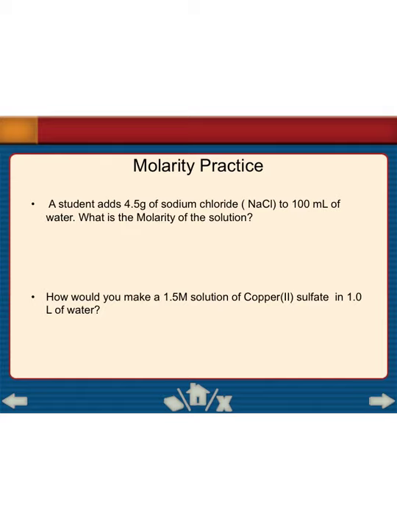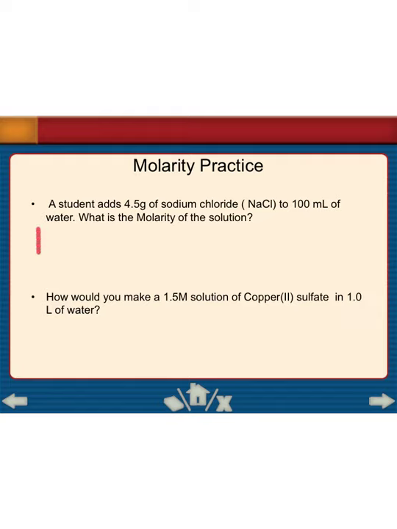We'll practice some calculations here on the determination of molarity. These would be the kind of calculations you would find in this unit. In this first question, a student adds 4.5 grams of sodium chloride to 100 milliliters of water. What is the molarity of the solution?